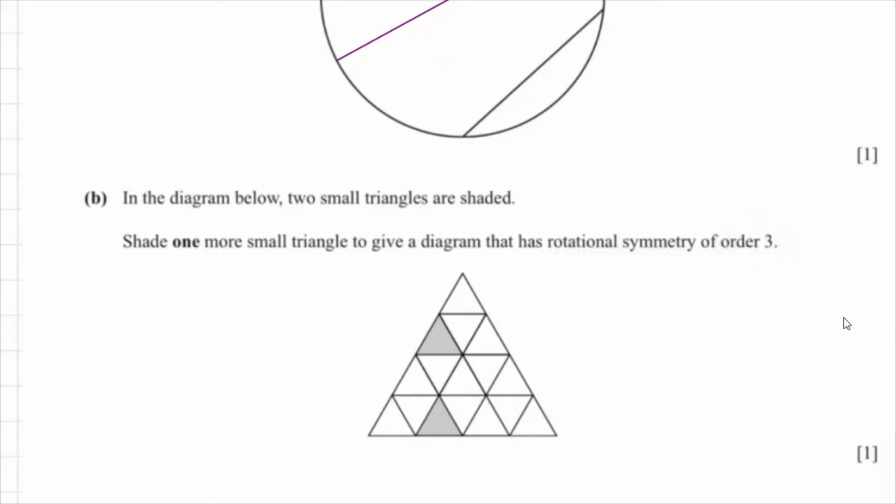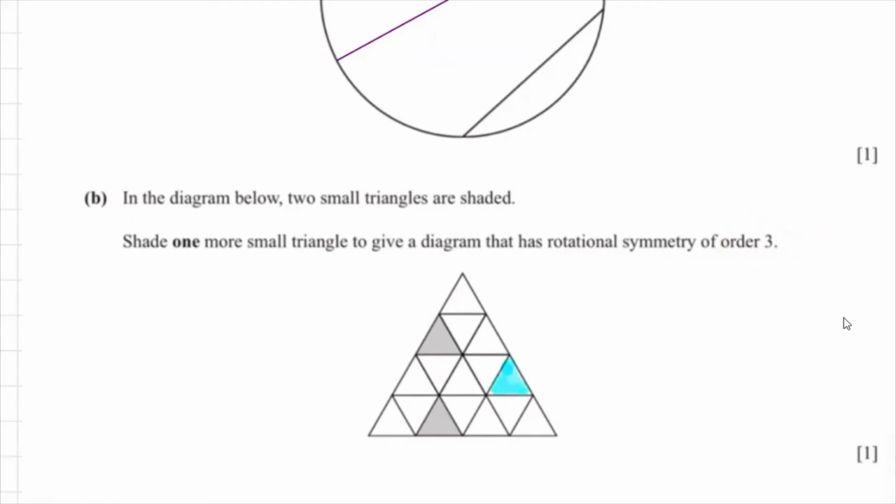Rotational symmetry is when you rotate an object and you get the same object, which means that it overlaps it. So you will be rotating this triangle and checking which triangle should be shaded. So in this case, I am shading this part over here. I'm shading this part over here.